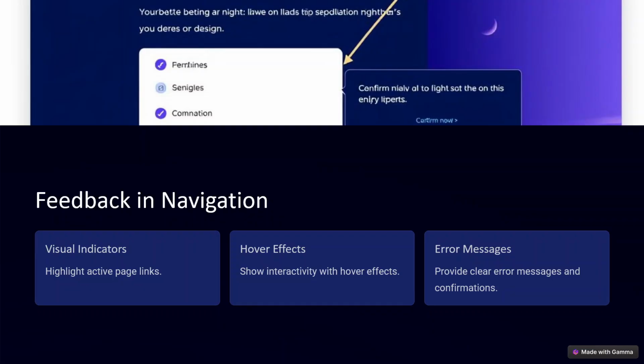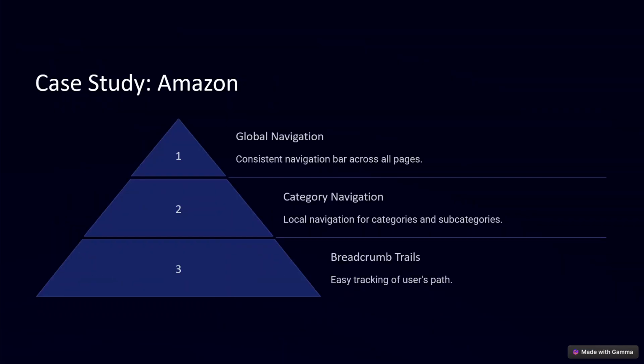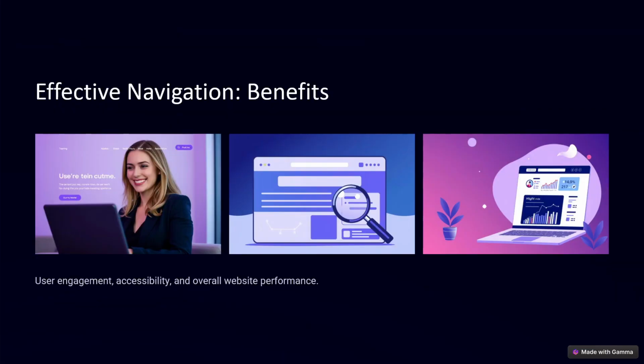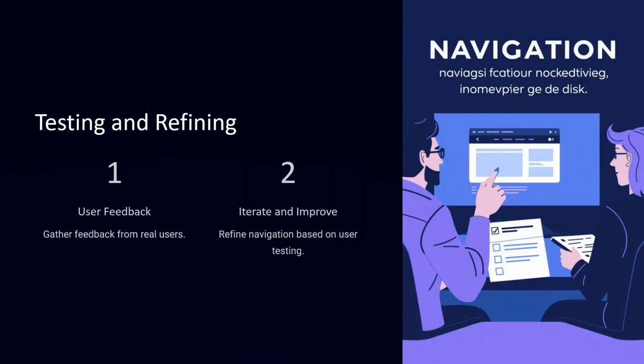So you have to keep changing as per the user needs. The benefits, as I also said earlier, are that effective navigation brings user engagement, accessibility, and overall website performance. The first way is user feedback. You have to keep iterating and refining navigation based on user testing.